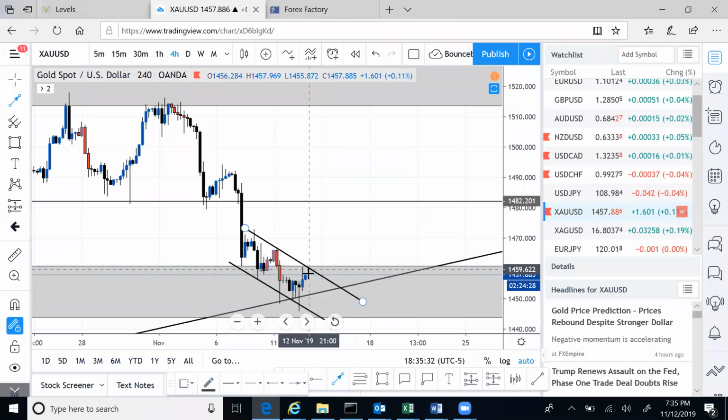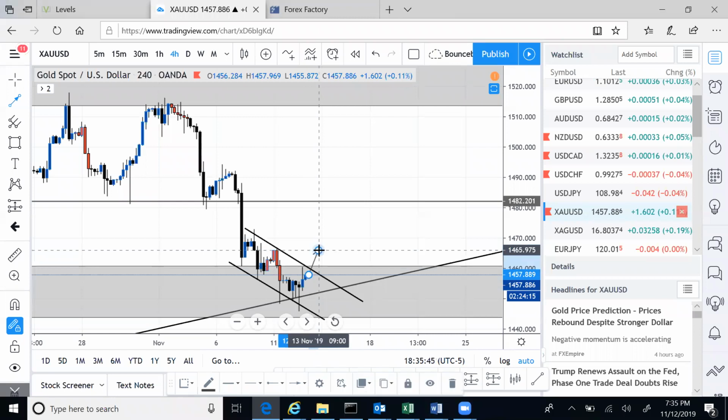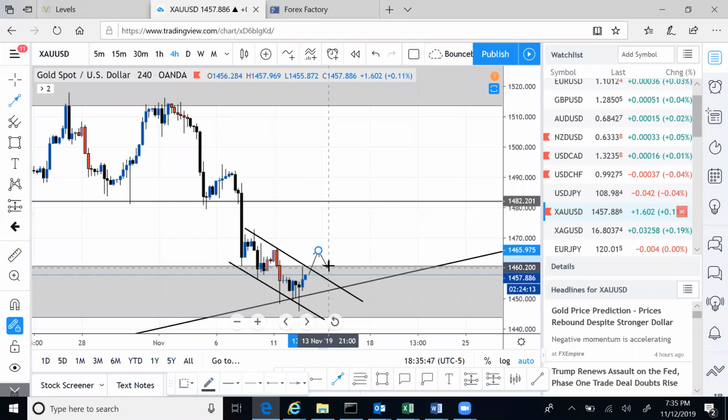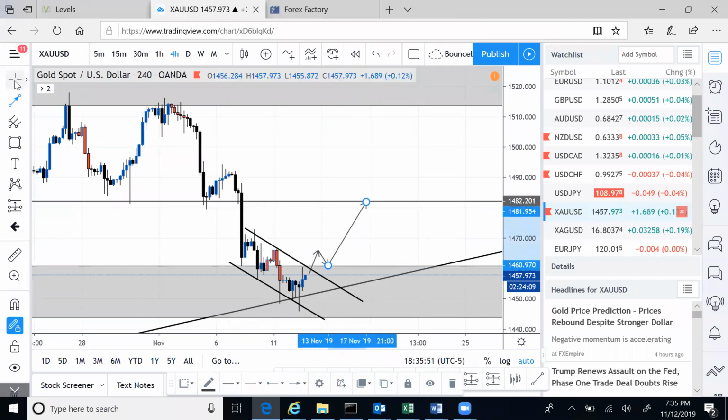You're going to wait until you get a solid body candle, right? You're going to wait until you get a solid body candle, breaking our falling wedge, retesting support, and then continue to the upside. So you're only getting into this trade when it breaks both the trend line and the support area, right?